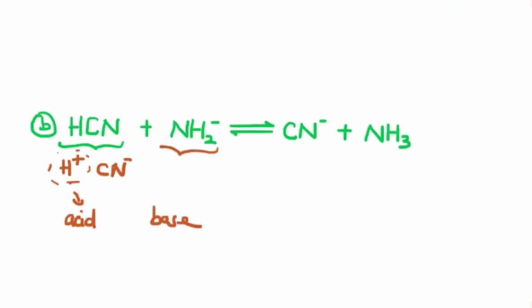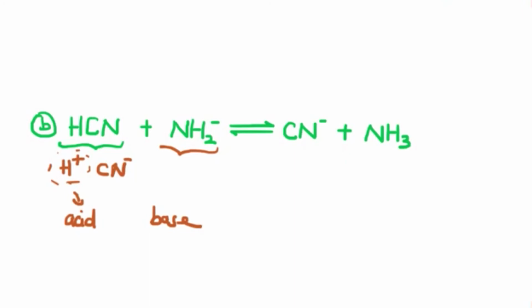You can have two acids, except one is a weaker acid compared to the other, but for the purpose of this example, we're going to determine first which one is the acid, and the other component of this particular reactant is considered by default to be the base.